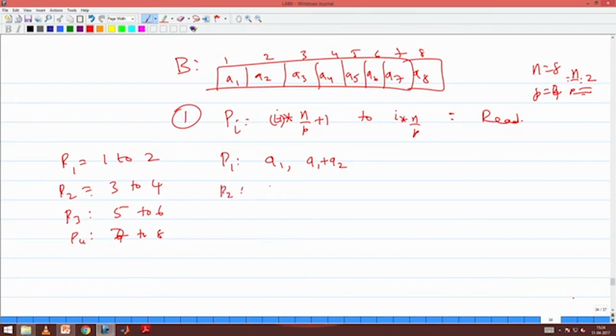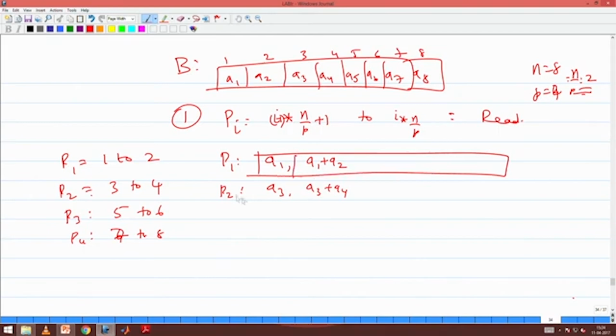P2 will compute A3 and A3 plus A4, P3 will do A5 and A5 plus A6, and P4 will do A7 and A7 plus A8.